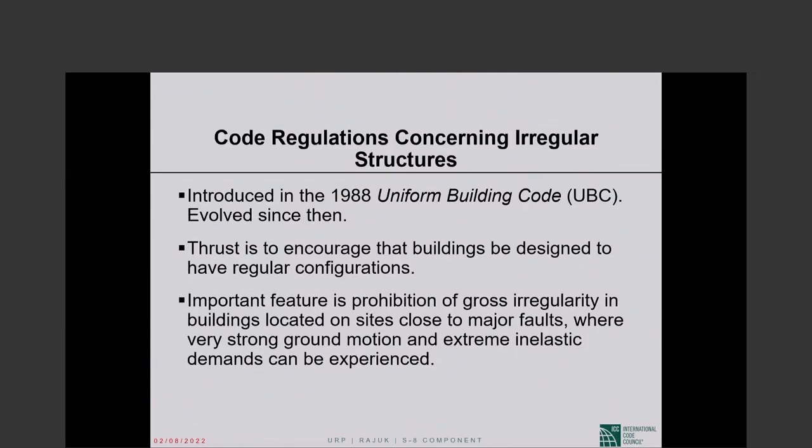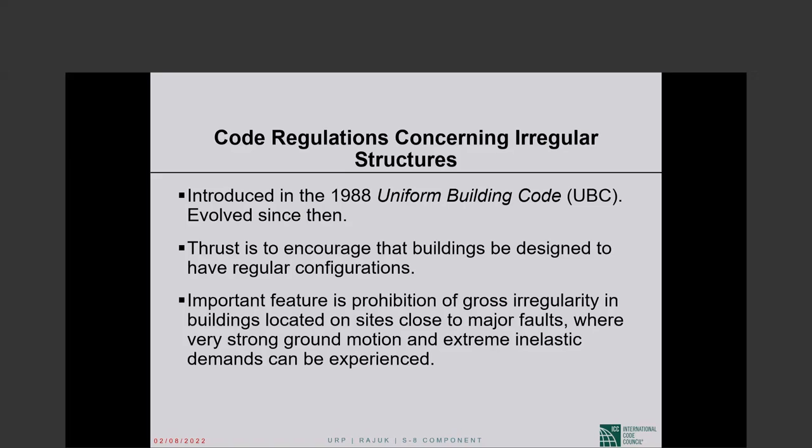The code regulations concerning irregular structures were introduced in the 1988 edition of the Uniform Building Code. The types of irregularities that you see date back to then. There have been a couple of modifications, but only a couple. This has been a very stable part of the code. The thrust of the regulations is to encourage that buildings be designed to have regular configurations.